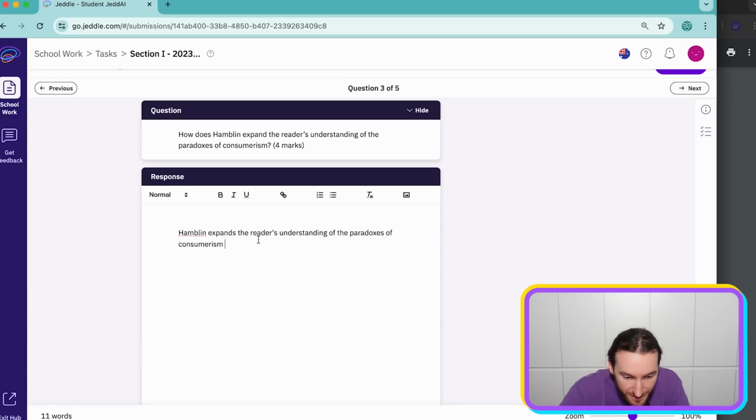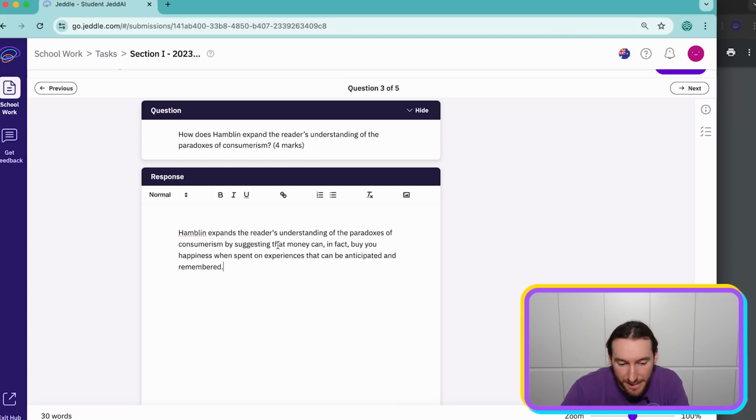Hemblin expands the reader's understanding of the paradoxes of consumerism by, I need to actually say how now, otherwise I'm not going to get the mark for that sentence, by suggesting that money can, in fact, buy you happiness when spent on experiences that can be anticipated and remembered.